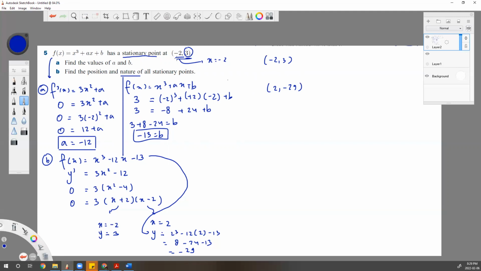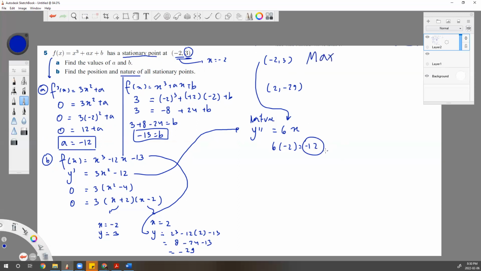Now, for the nature, you need to find the second derivative. Okay, we have the first derivative, 3x squared minus 12, right? So the second derivative is 6x only. So if you input here 6 times -2, oh, it is -12. So it is negative. So this nature is maximum, right? Because negative is maximum. But if I want to insert here 2, 6 times 2 equals 12.